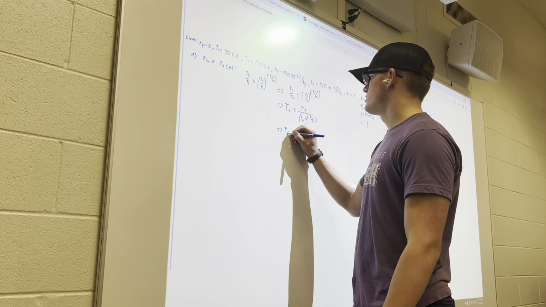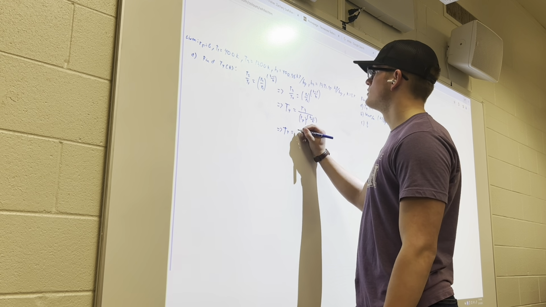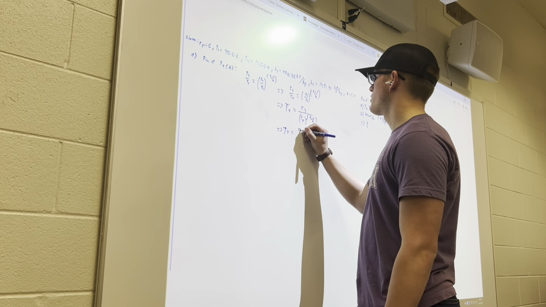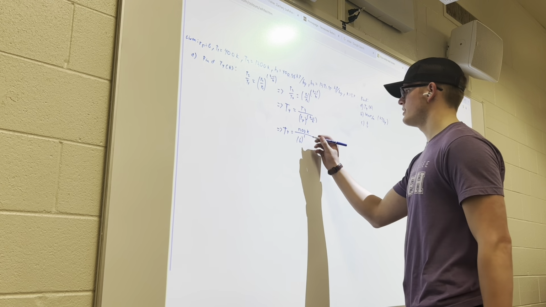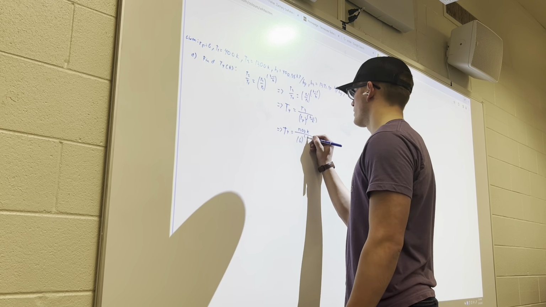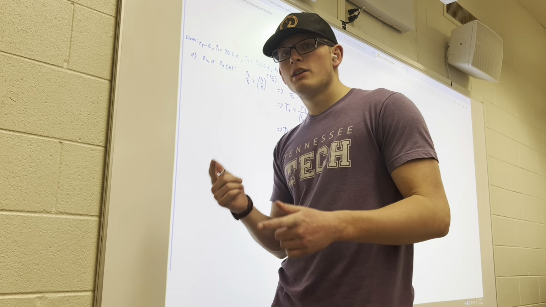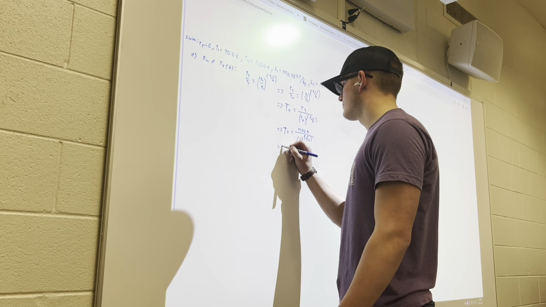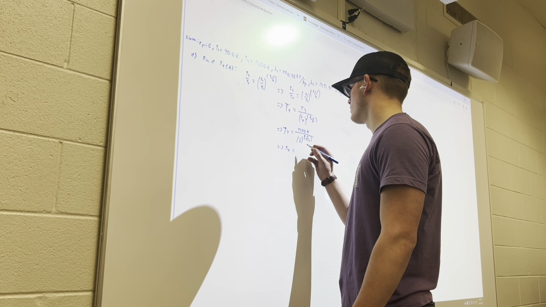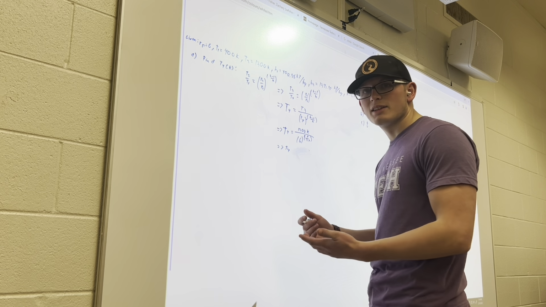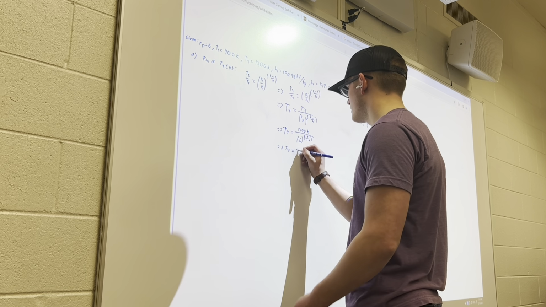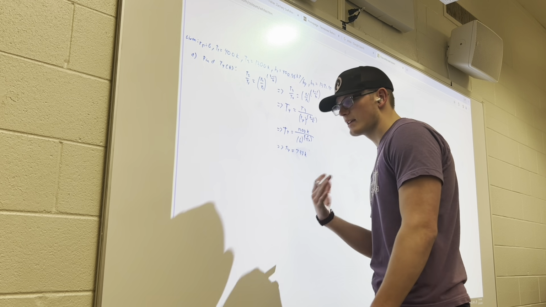So T4 is equal to 1300 Kelvin over 6, which is our pressure ratio again, raised to the K minus 1 over K. That's 1.4 minus 1, which is 0.4, over 1.4. After you plug that into your calculator, you should get something along the lines of 739 Kelvin.